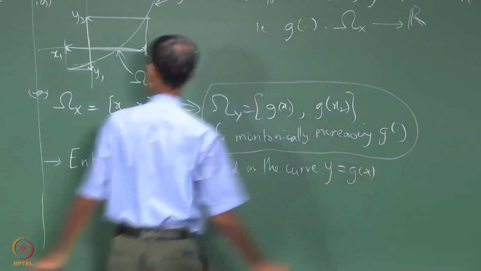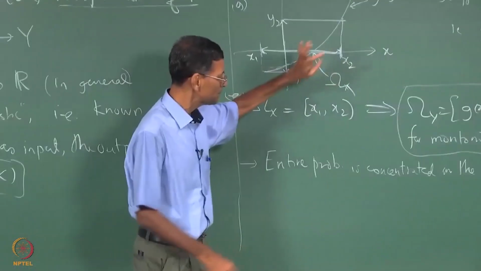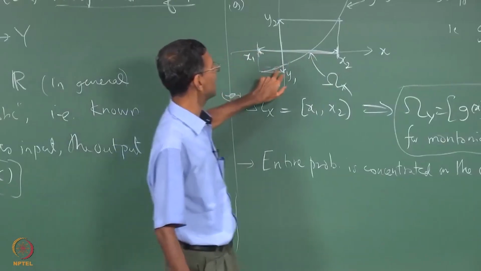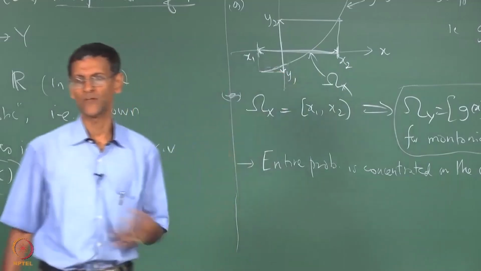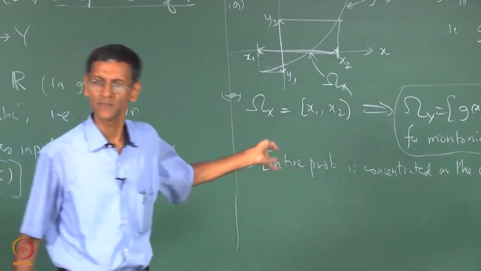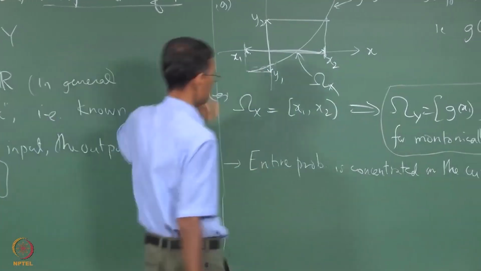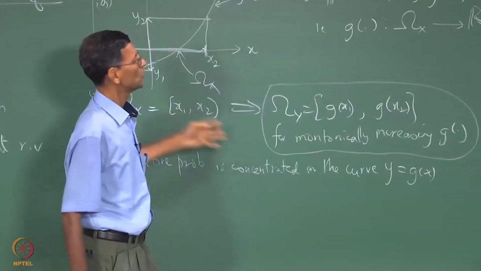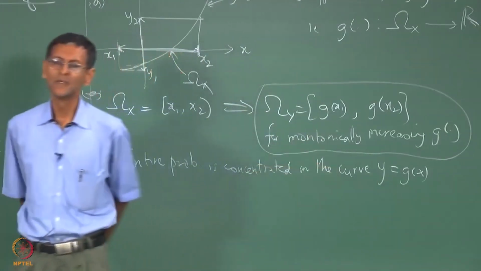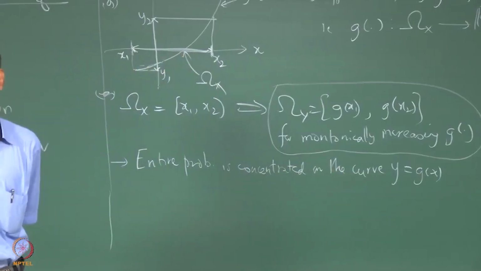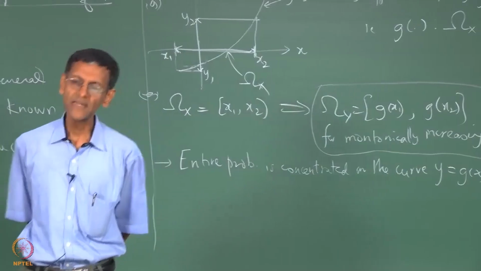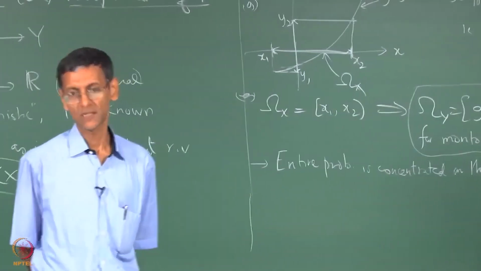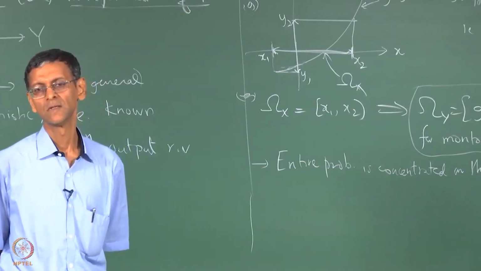Remember this being a function, for a given value of x there is only one value of y, but for a given value of y there can be more than one value of x. Irrespective of the kind of g, the entire probability has to be only on this one curve. So this means that the joint PDF is not the right thing to be looking for.